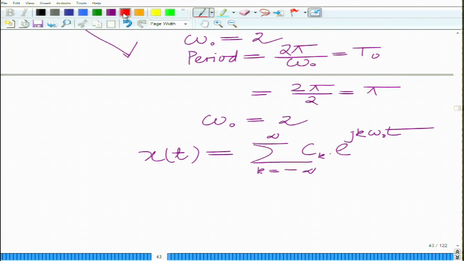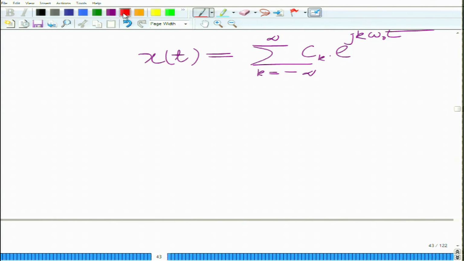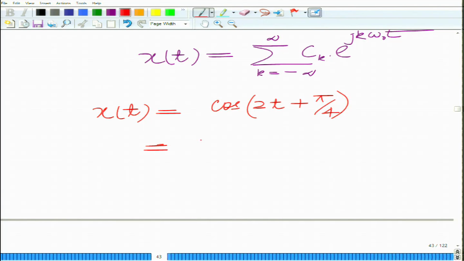And now, rather than evaluate the coefficients directly, I can evaluate this as x(t) equals cosine 2t plus pi by 4. Cosine theta is e raised to j theta plus e raised to minus j theta divided by 2.